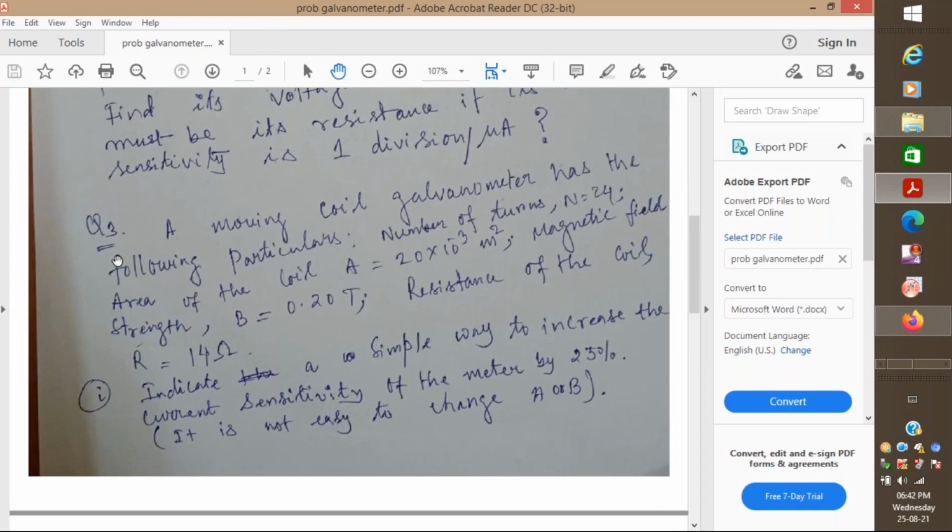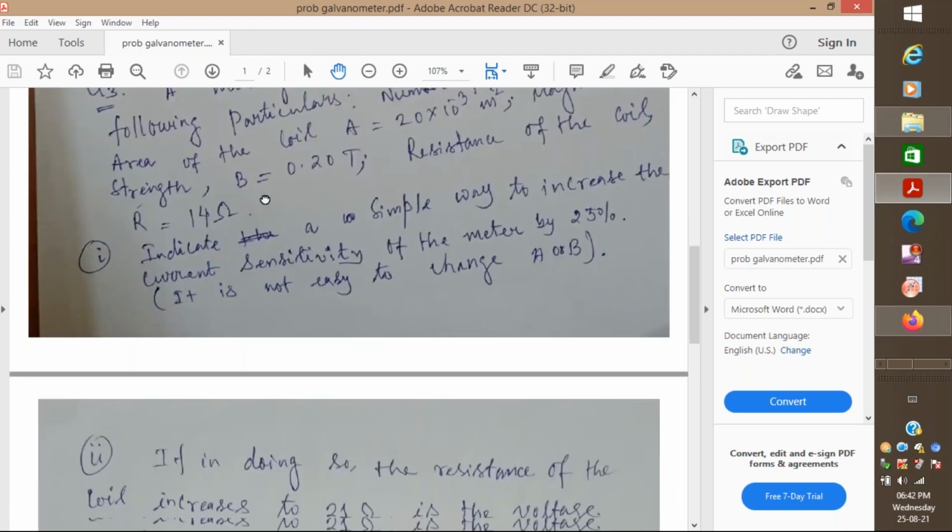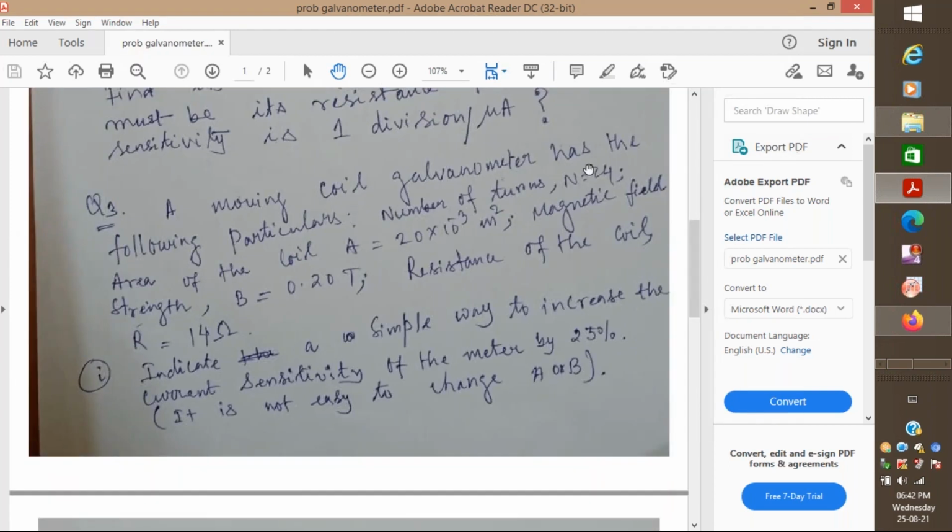So this question is saying that there is a moving coil galvanometer for which the following parameters are given. The number of turns N is given, the area of the loop is given, the magnetic field is given, the resistance of the coil also is given.